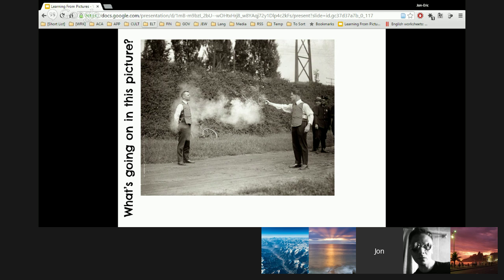I don't know. Well, looking at this, I might imagine that maybe they are actors because it looks like the creating of some cinema. They're not actors, by the way.